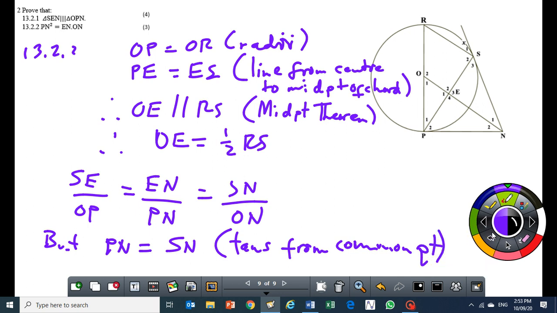So you could maybe write "proved in question" on top, if you had proved the congruence. But if you didn't, you have to write this reason down. Why PN is equal to SN. You cannot just write PN equal to SN and then stop without telling whoever is going to mark the reason why they are equal.